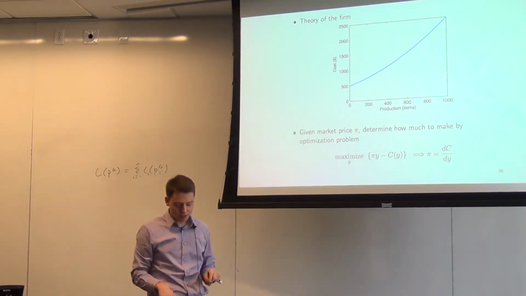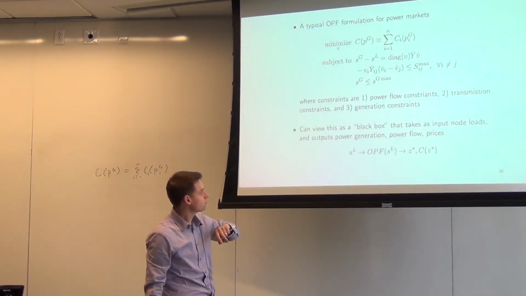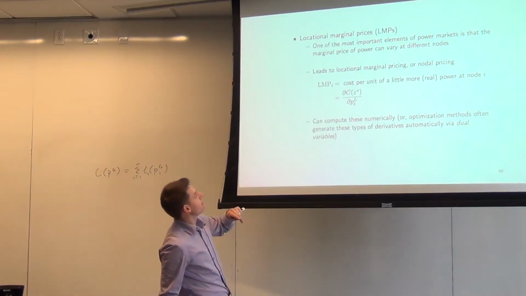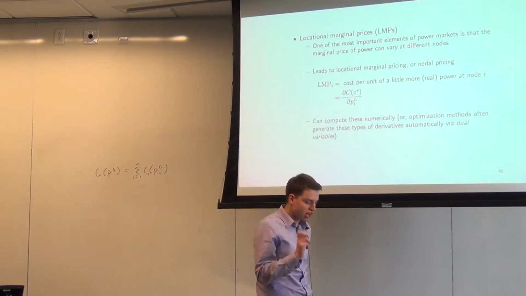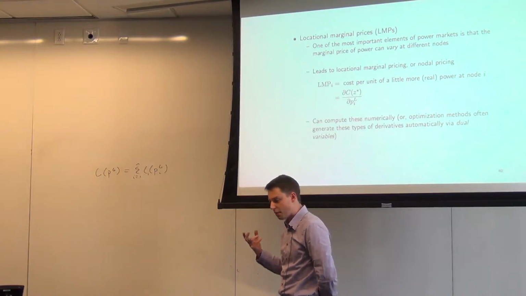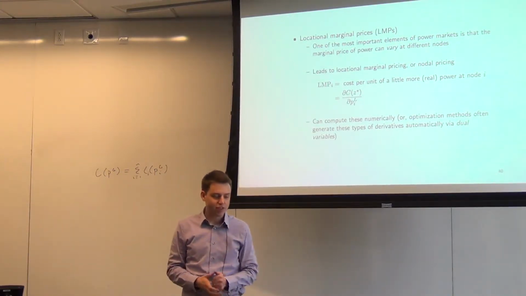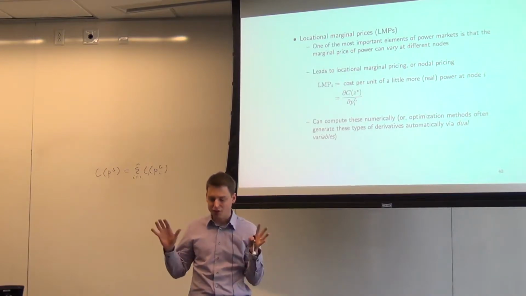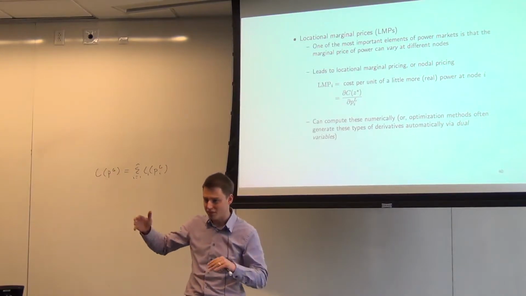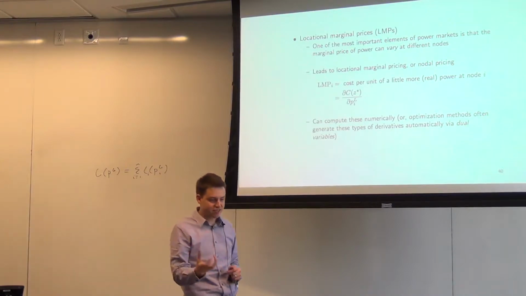Formally, the marginal price is the cost of generating a little bit more power, doing it at node I. And the reason this can be interesting is because unlike in a typical environment where the cost to generate one more unit would be the same everywhere, there's just one single market, here it can actually vary at different nodes.